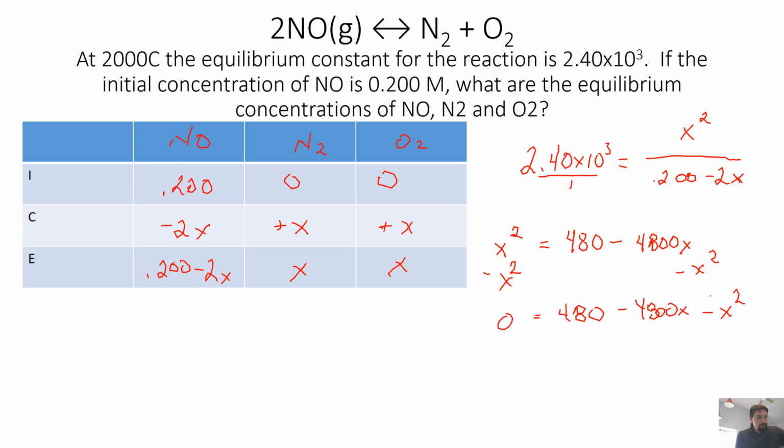Now, those of you who really enjoy math class might remember that we could use the quadratic formula, negative b plus or minus square root of b squared minus 4ac, all over 2a. Others of us just appreciate making this a little easier.